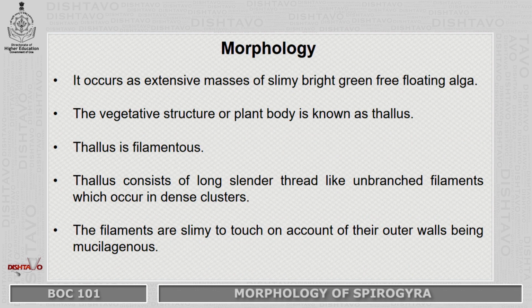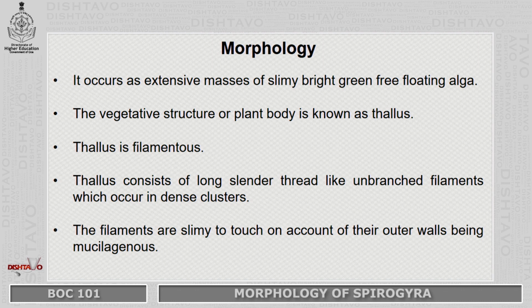Let us come to the morphology or the external features of this alga Spirogyra. It occurs as extensive masses of slimy bright green free floating alga. The vegetative structure or plant body is known as thallus. Students, you must know the meaning of the word thallus, where the plant body is not well differentiated into root, stem and leaves.